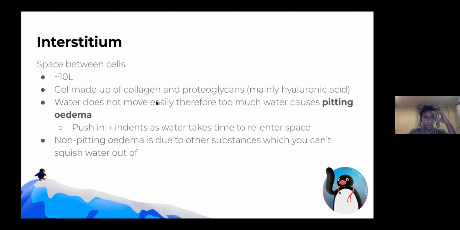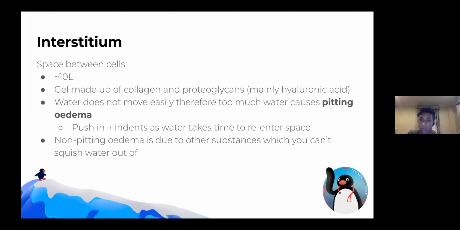Okay, so moving on. Interstitium is the space between cells. It's made out of collagen and proteoglycans, and water doesn't move easily through this.